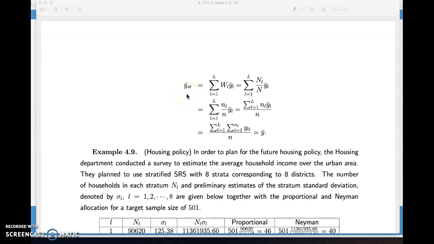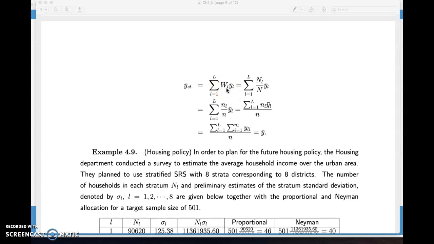Under proportional allocation, the Y bar estimate under stratified random sampling equals all of the Y bar L added up together, weighted by the population size of a particular stratum.